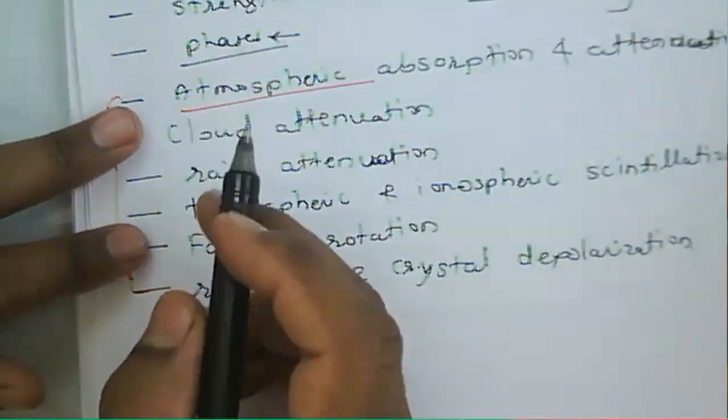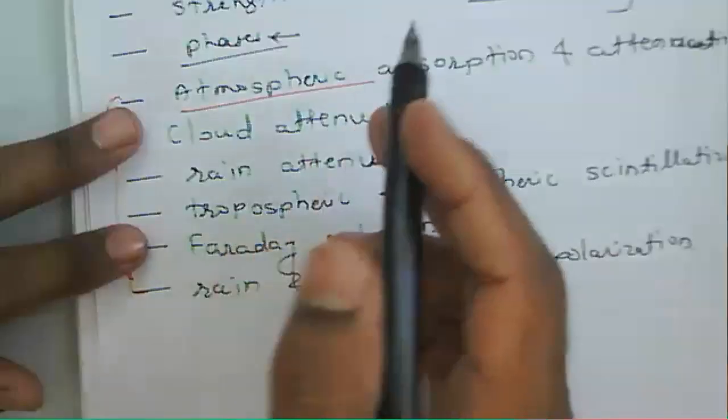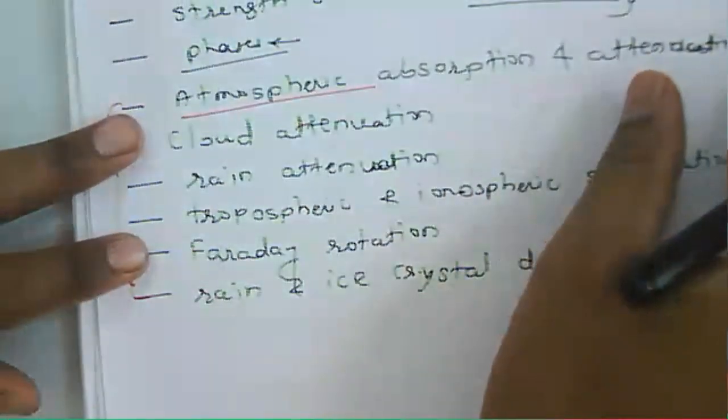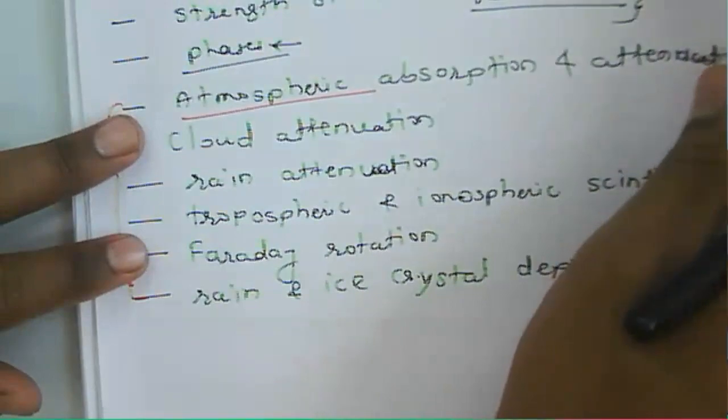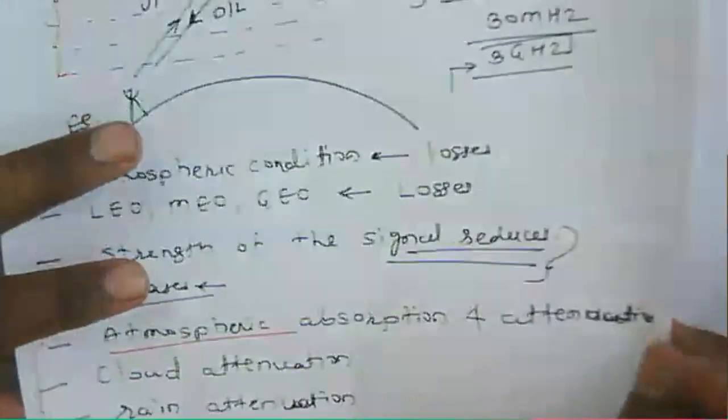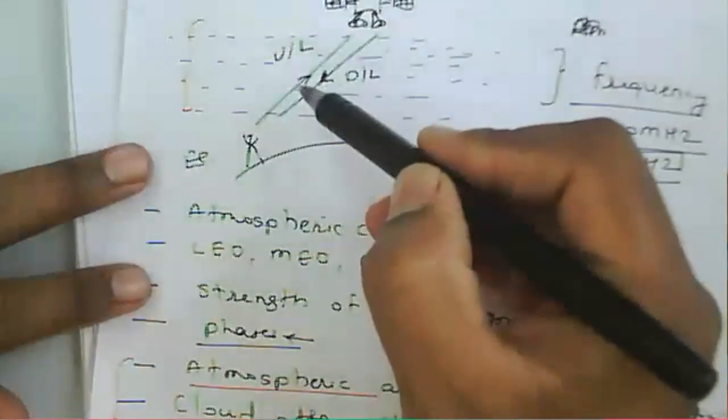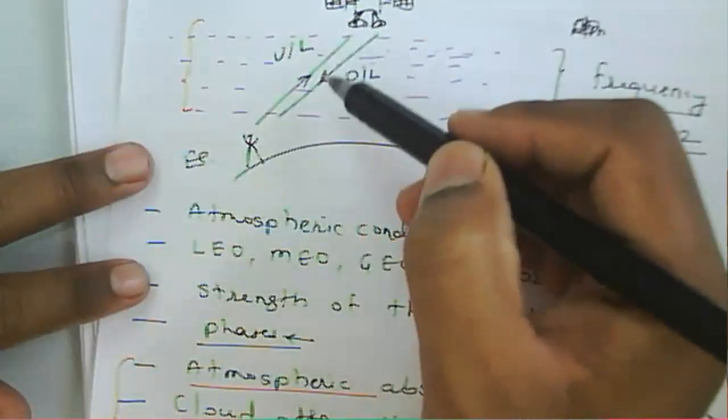So the effect of the atmosphere based on the frequency, that we will learn. And these losses are not only for the uplink, they can be for the downlink too.